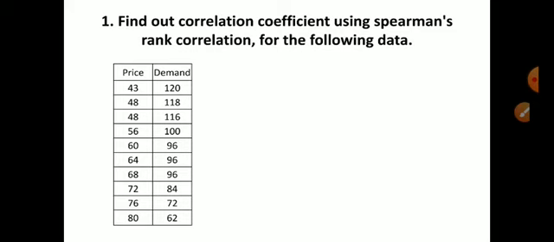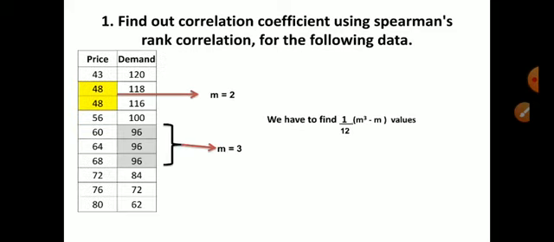Here 48 has been repeated two times, so the first m value will be 2, and 96 is repeated three times, so the m value will be 3.